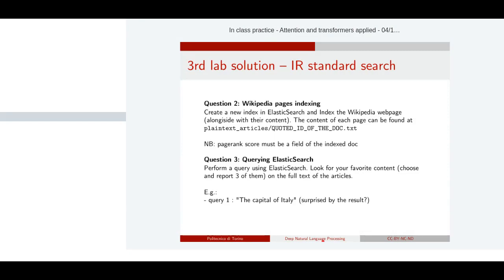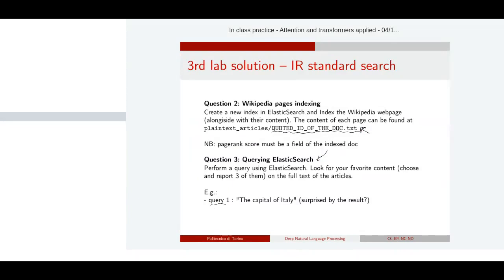So okay, the second and third questions were about creating a semantic search engine by using these Wikipedia pages. You should be able to access the full text of each page by using a specific folder that I downloaded on Google Colab. And so the idea is that you use the specific version of the ID of the page to access this information, and then you can index it on Elasticsearch, and you can query Elasticsearch by using the interface given by the Elasticsearch library.